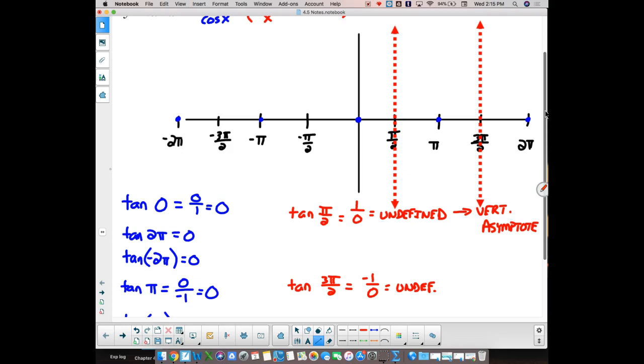Pi over 2 is the same as what? Negative 3 pi over 2.